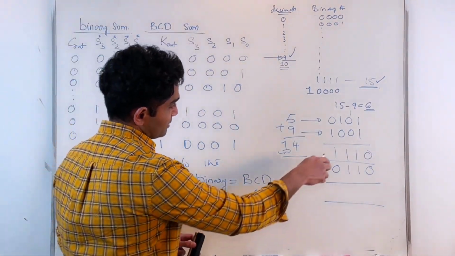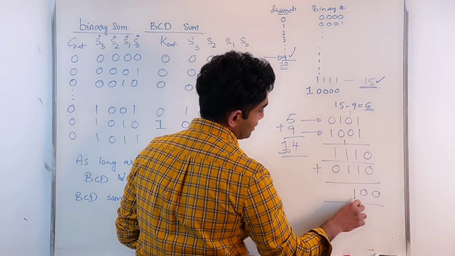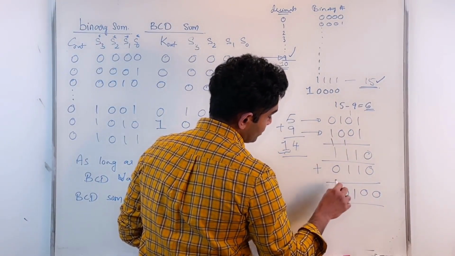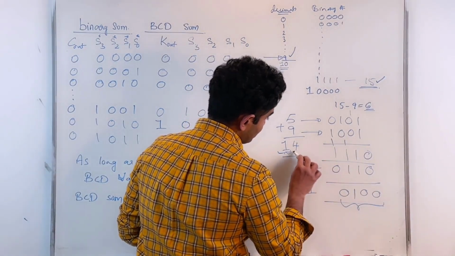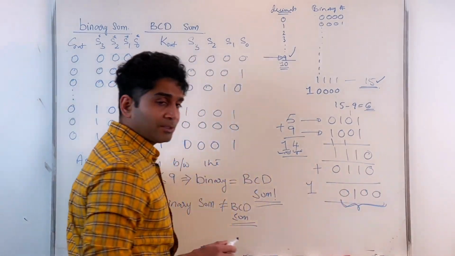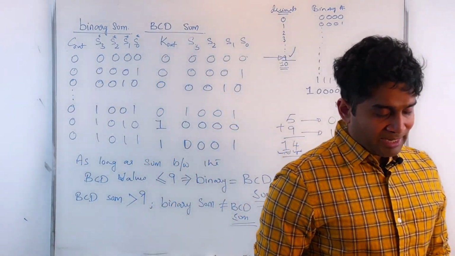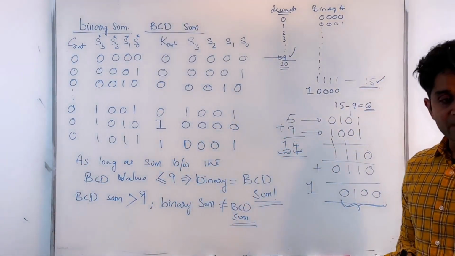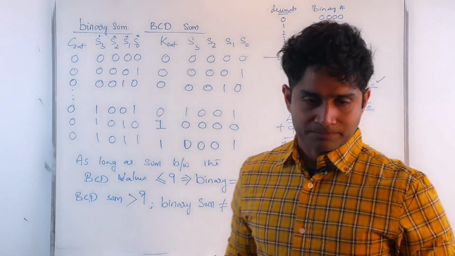So in this case, that will be 0. 1 plus 1 is 0, carry 1. 1 plus 1 plus 1 is 1, carry 1. 1 plus 1 is 0, carry 1. So that's the carryout of 1, and that is 4. So every time my binary sum exceeds 9, I have to add 6 to that binary sum to make it into the right BCD value.